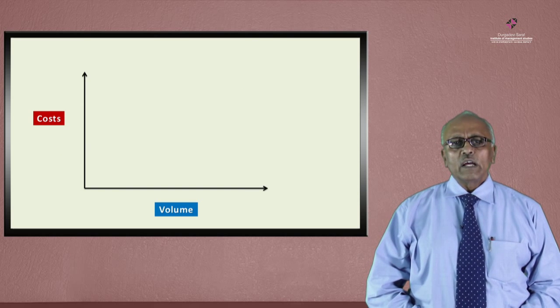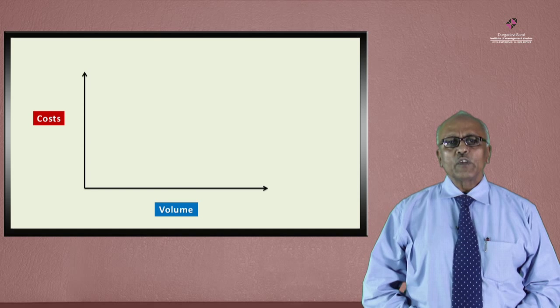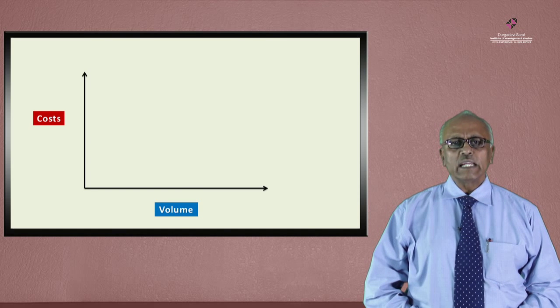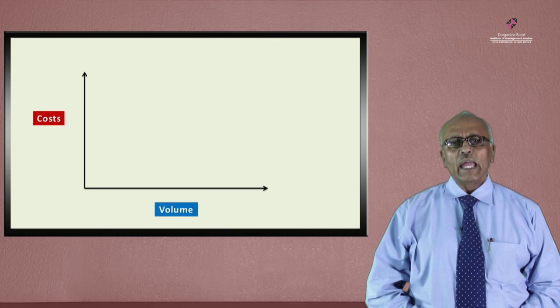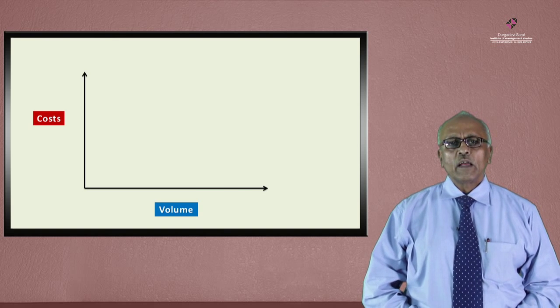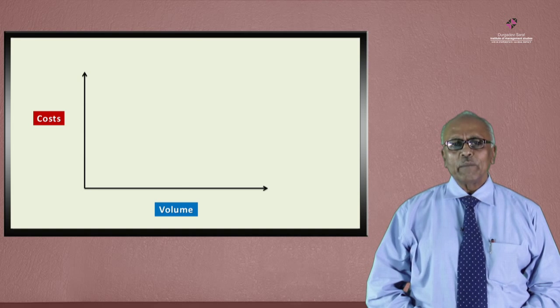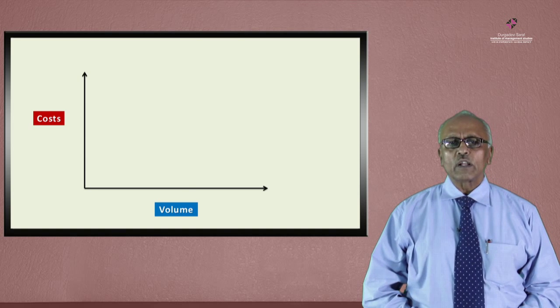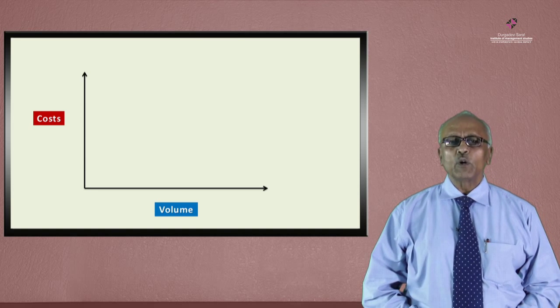Now, in the slide in front of you, you have the x and y axis depicted. X shows the volume and y axis shows the cost. Now, the fixed cost, if you remember, I mentioned is constant for any volume that you manufacture up to a certain capacity.